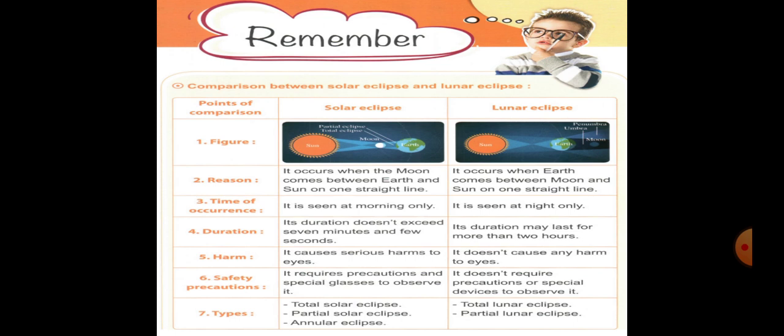You can see the lunar eclipse with your naked eyes without being harmed. Number 7, the types of the solar eclipse and the lunar eclipse. Solar eclipse, 3 types: total solar eclipse, partial solar eclipse, and annular solar eclipse. The lunar eclipse, 2 types: total lunar eclipse and partial lunar eclipse.